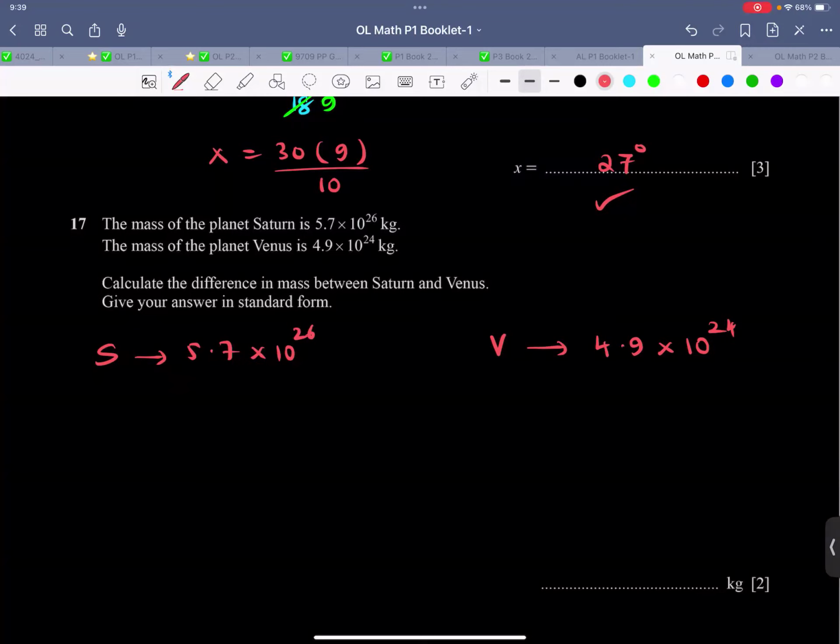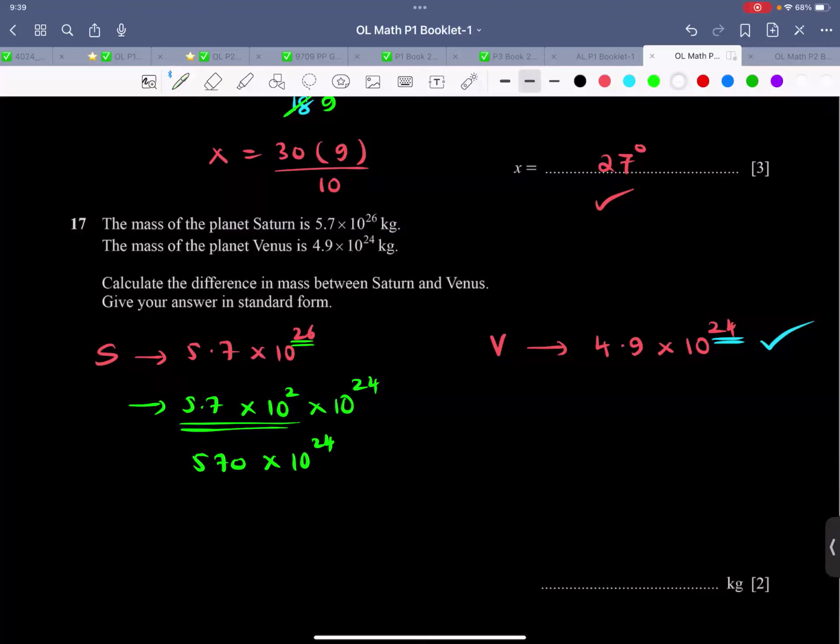My approach is always to work everything in the lower of the two powers. So leave this as it is. Convert this: I can write this as 5.7 into 10 to the power 2 into 10 to the power 24, since 26 is 2 plus 24. Let me simplify this. 5.7 into 100 is 570, into 10 to the power 24.